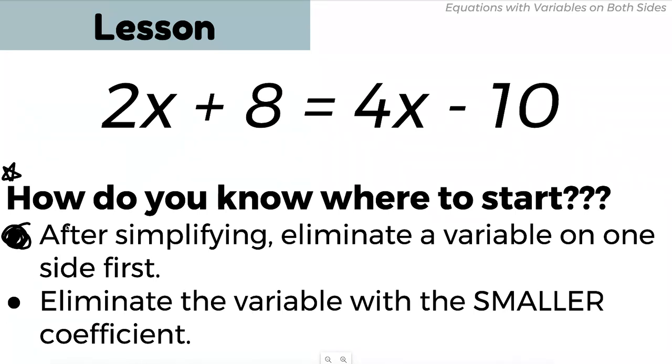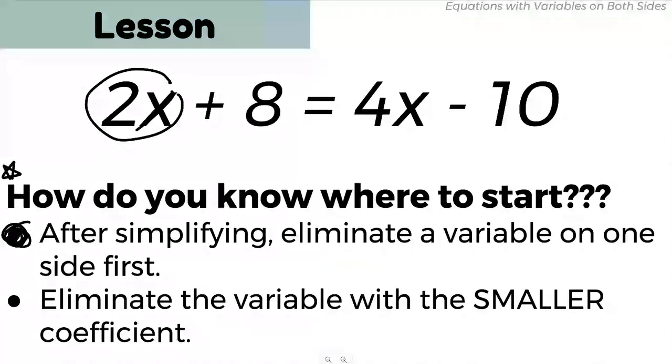Now, you'd have to ask yourself with this equation, do I get rid of the 2x first? So do I get rid of this first, or do I get rid of this first? How do you know which x, should I get everything on the left or get everything on the right? You could eliminate either one first, it doesn't matter.